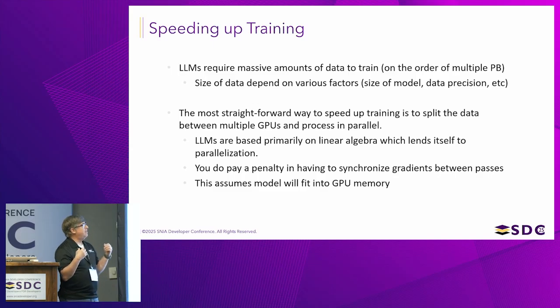This allows you to do a lot more processing in parallel because, as I said, this is really a bunch of matrix math, a lot of matrix multiplications. And the beauty of matrix multiplications is you can split them in a bunch of different ways, hand them off to different processors, let them crunch, and then bring it all together in the end.